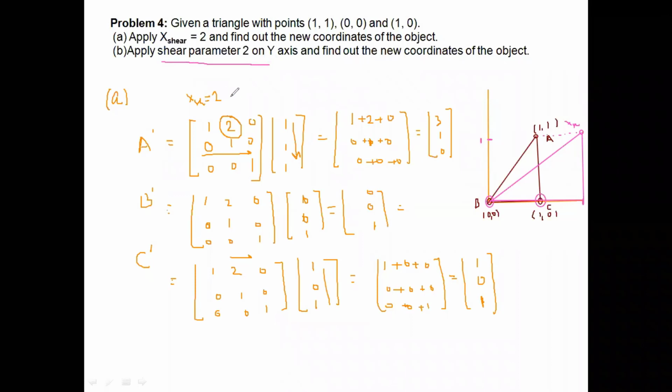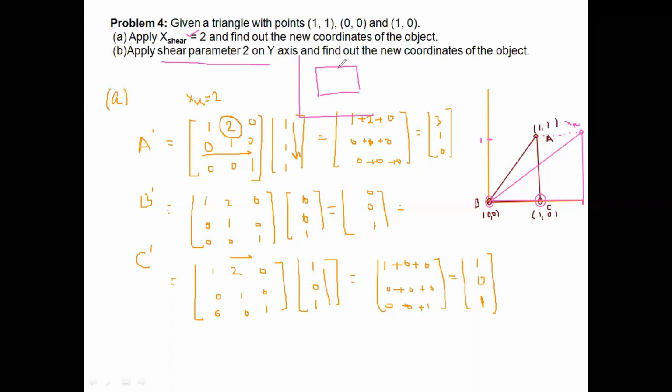You can take an example with a square of certain values, apply X shearing and Y shearing, and see where the object lies on your own. I hope you are able to understand the concept of shearing.